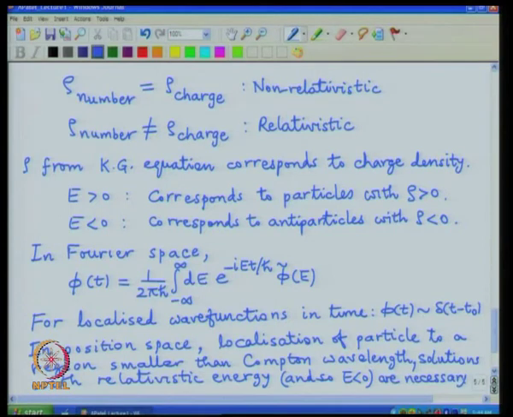become necessary. In particular, we must include solutions with E less than 0, and this is a consequence of going to very short scales.